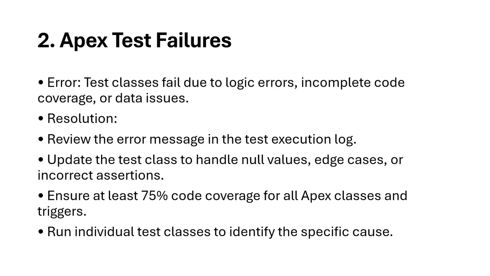To resolve this issue, you review the error message in the test execution log, update the test class to handle null values, edge cases, or incorrect assertions, and ensure at least 75% code coverage for all Apex classes and triggers. As you know, this is the minimum required in order to deploy your Apex classes into the production environment, right? So you run individual test classes to identify the specific cause.